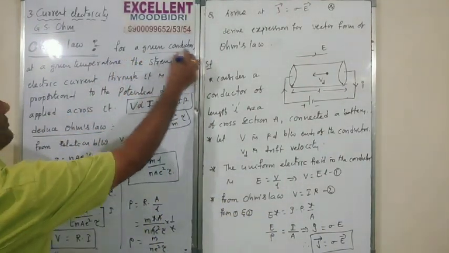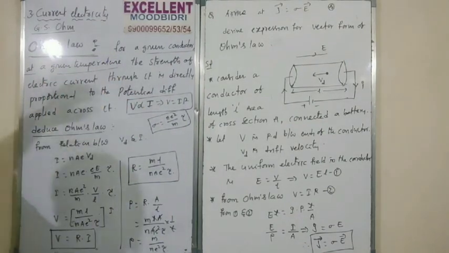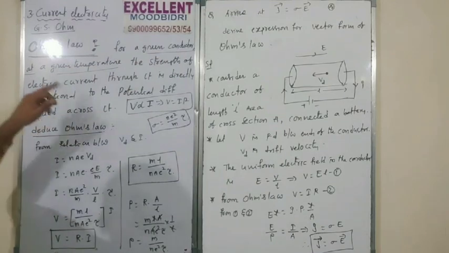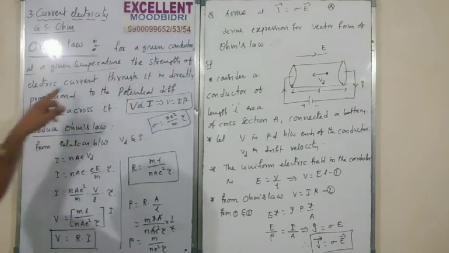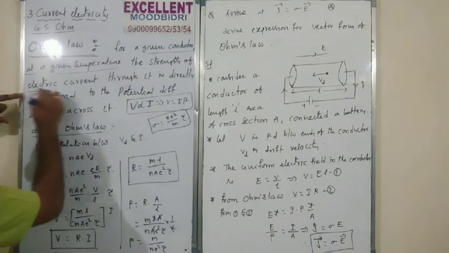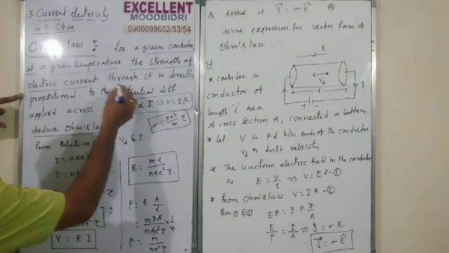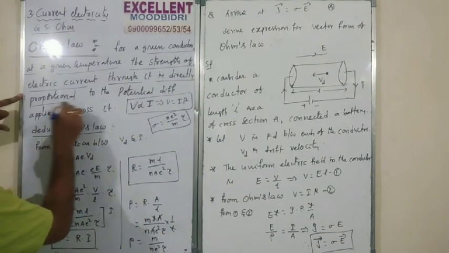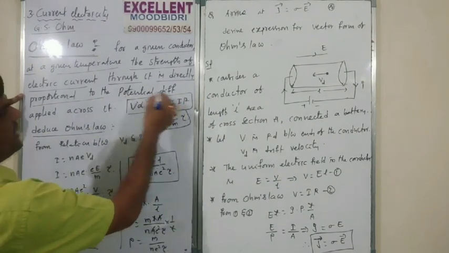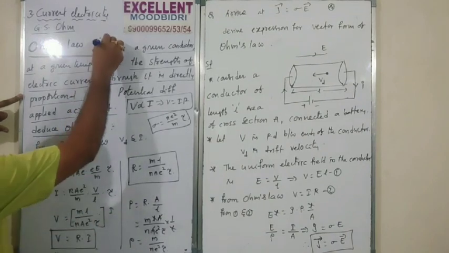So for a given conductor at a given temperature, the strength of electric current through it is directly proportional to the potential difference applied across it.